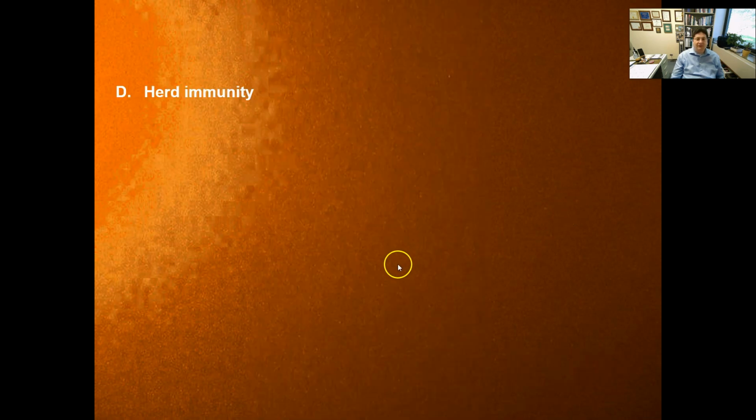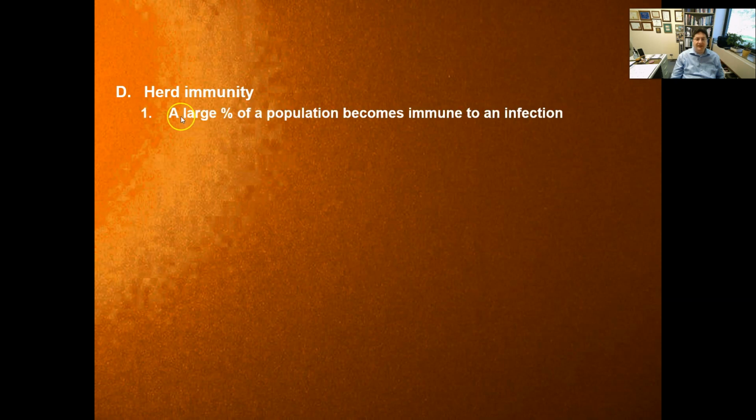Now, you may have heard when it comes to vaccines or spread of disease, what's called herd immunity. Herd immunity is where a large percentage of a population becomes immune to an infection. And they become immune either by getting a disease and naturally recovering from it, or through vaccination.